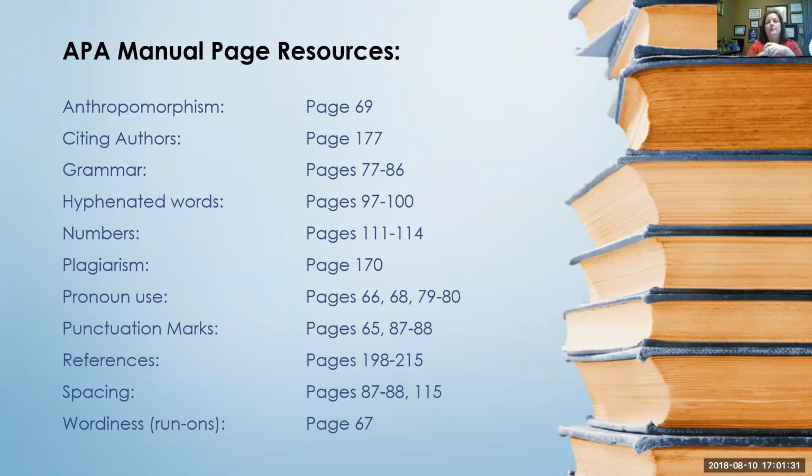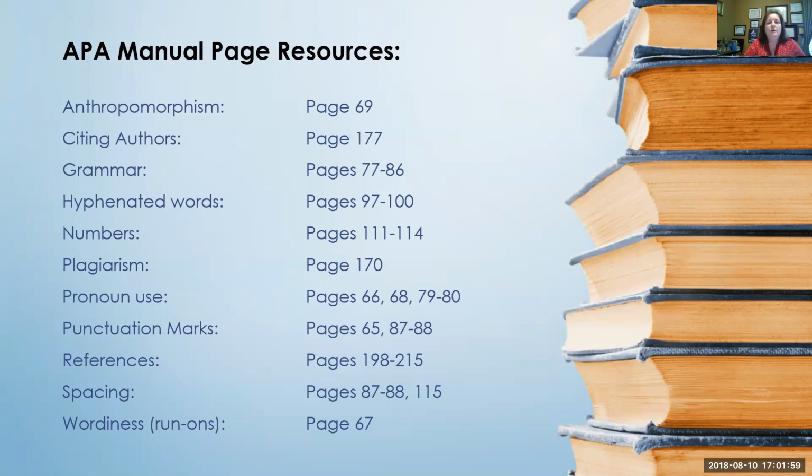This particular term means that you wrote something in your paper giving a human-like action to an inanimate object. For example, a research paper cannot perform the action of a human being. So you need to reword your text so that it is not giving a live action as a human being would.